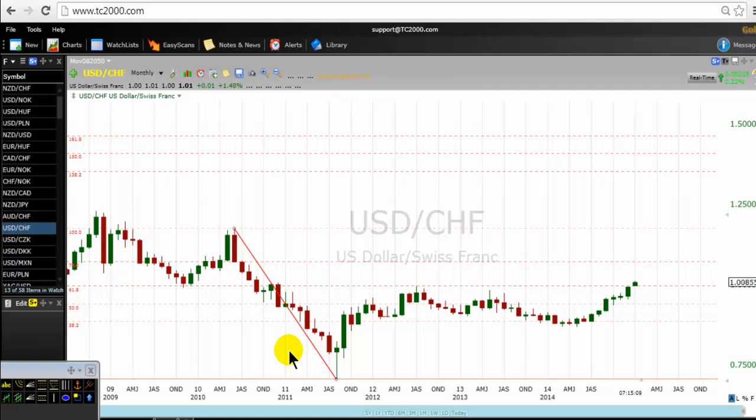But with the Fibonacci arcs, we are applying the Fibonacci ratio both to the price and the time. We need to understand that. Very, very important. So the Fibonacci arc goes one step ahead of the Fibonacci time zone, which only focuses on the Fibonacci ratio applied to the time.